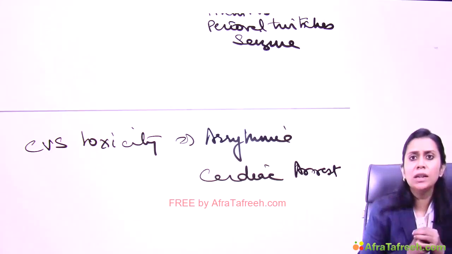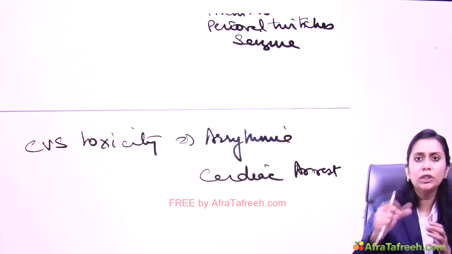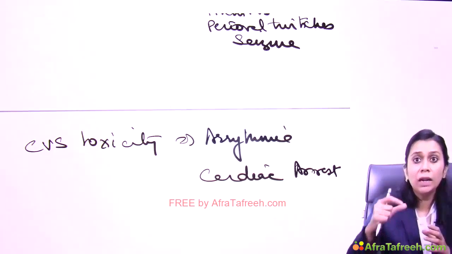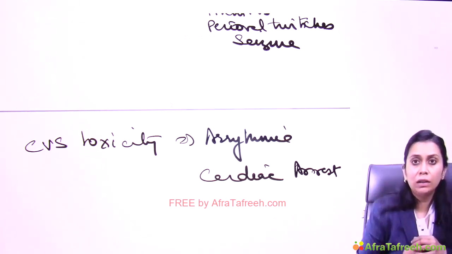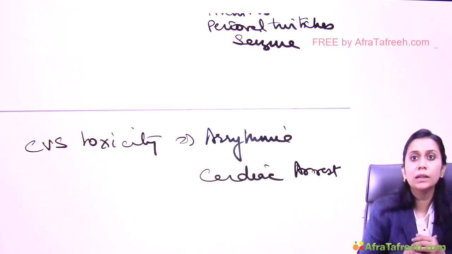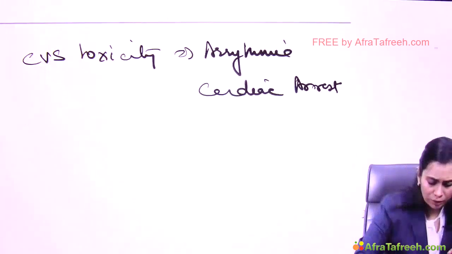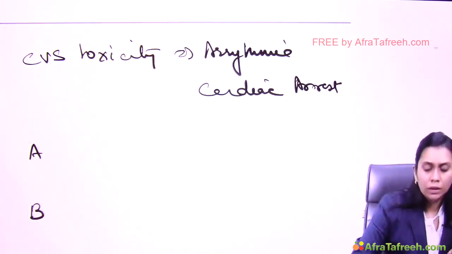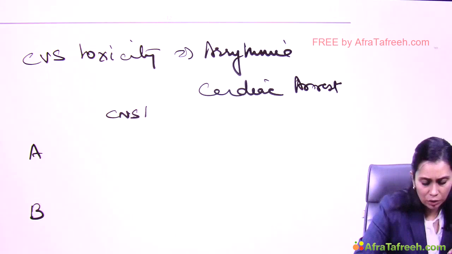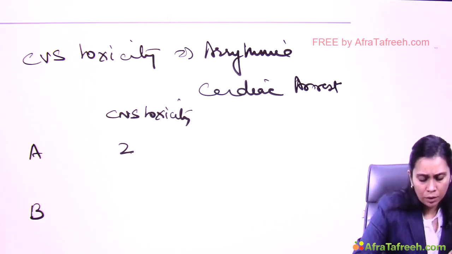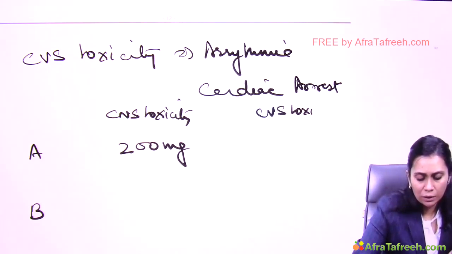For every drug, it is calculated: the dose at which it causes CNS toxicity and the dose at which it causes CVS toxicity. Drugs with a wider margin between the two are considered safer local anesthetics. Let us assume I have two drugs, A and B. Drug A causes CNS toxicity at, let's say, 200 milligram and CVS toxicity at 1400 milligram.